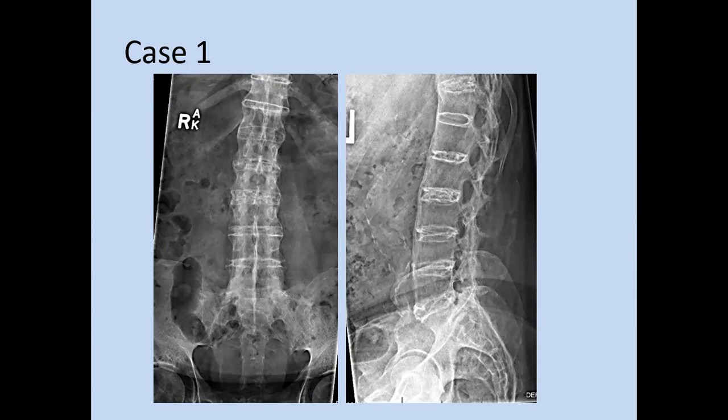Yeah, perfect. That's actually very good. I know the sacroiliac joints we don't normally comment on, but there is complete fusion. Yeah, that's correct. I personally don't always comment on the sacroiliac joints on a lumbar spine radiograph.